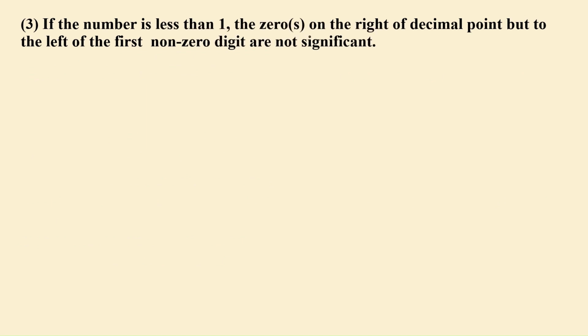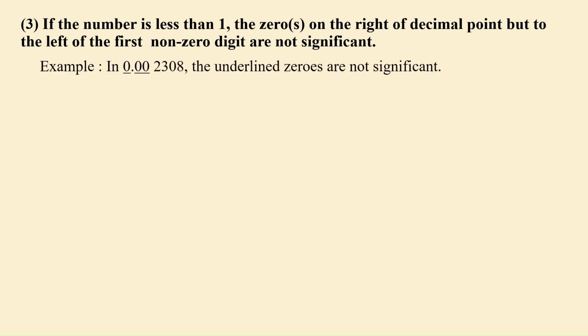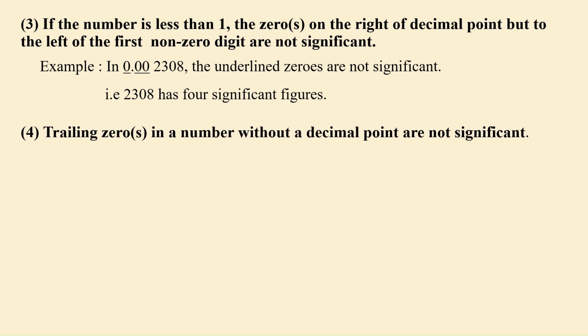3. If the number is less than 1, the zeros on the right of the decimal point but to the left of the first non-zero digit are not significant. Example, in 0.002308, the zeros before 2 are not significant. That is, 2308 has 4 significant figures. 4. Trailing zeros in a number without a decimal point are not significant.